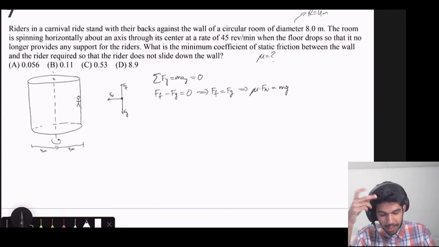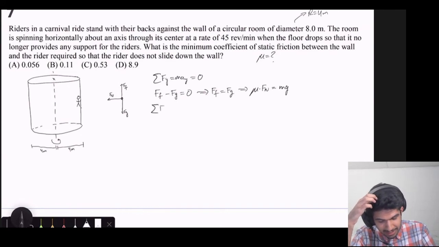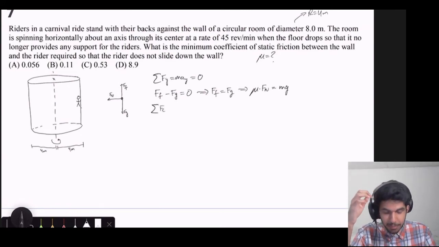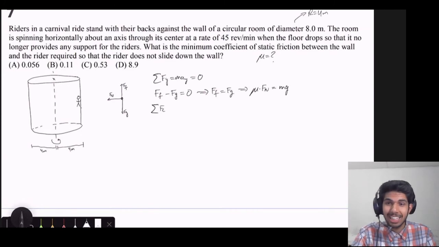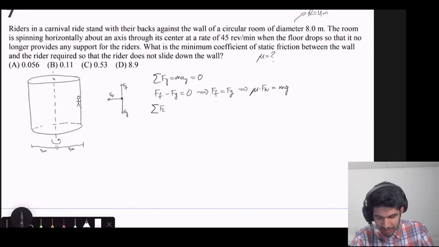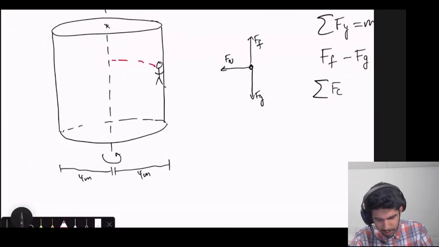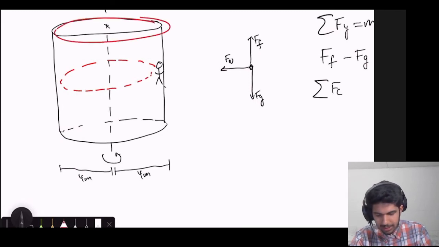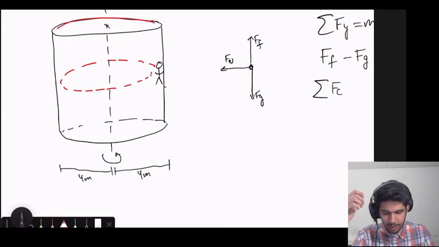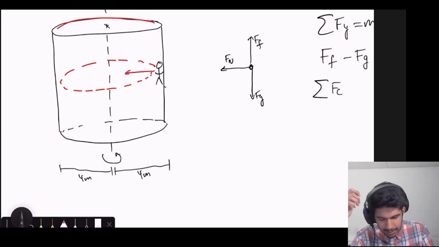So to do that, we would have to sum the forces, and in this case, we're going to sum the forces centripetally, because Fn is pointing towards the center of the circle, the circular path that the person is traveling, right? So this person is traveling this circular path along the room as this entire cylinder is spinning, right? It traces out that path, and this is Fn.